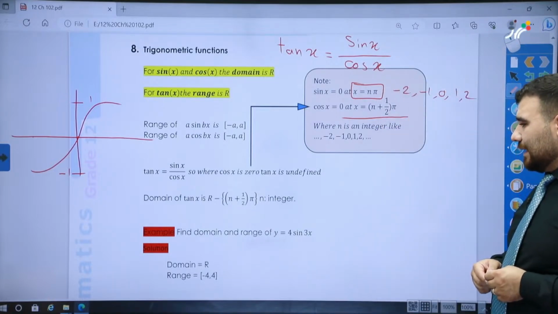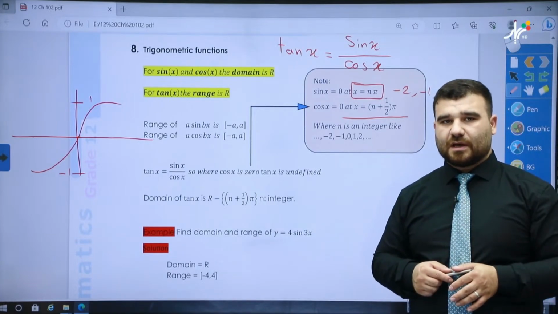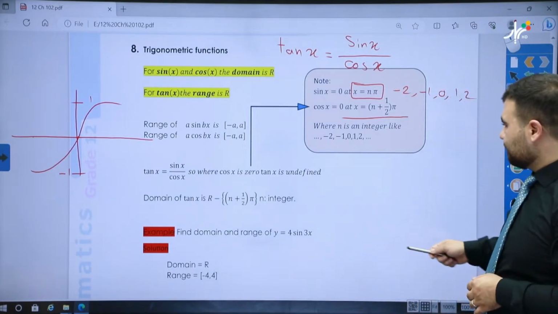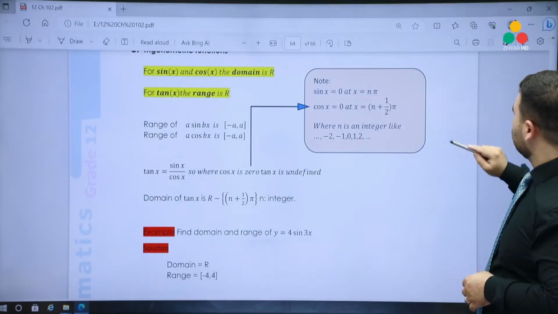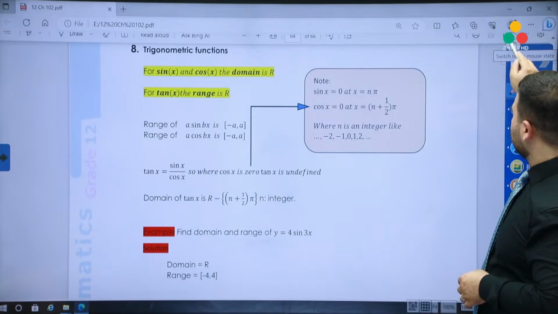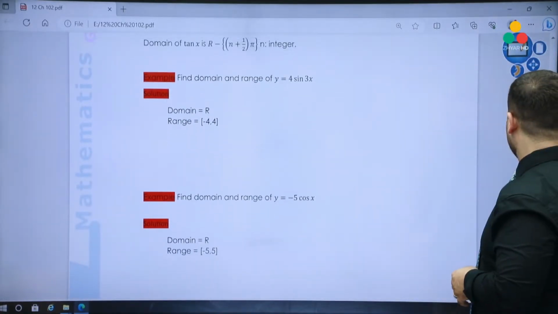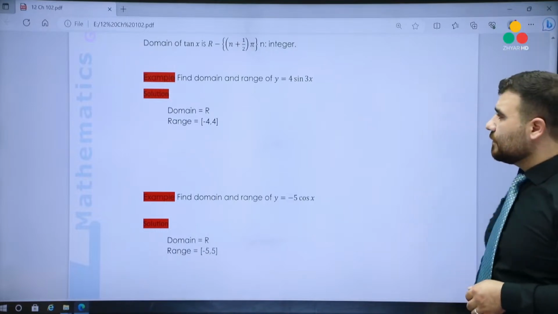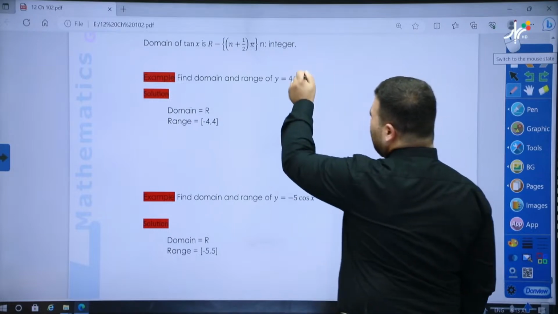Find domain and range of y equal to 4 sine 3x. Let's do this. Y equal to 4 sine 3x. This 3x, this 3 is nothing.